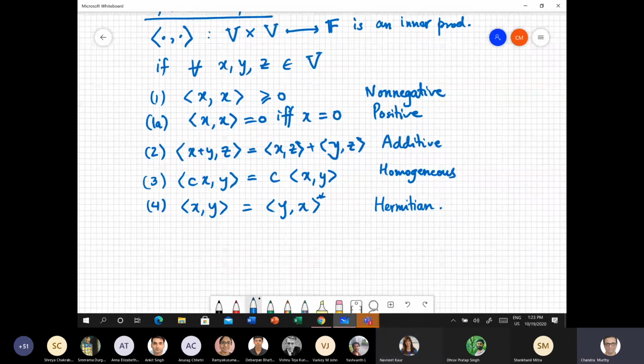Okay, so the reason why I brought up the definition of the inner product is because there's a close connection between inner products and norms. And here's the lemma that makes this connection.